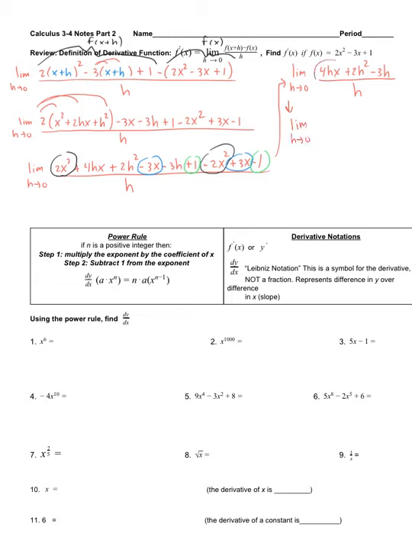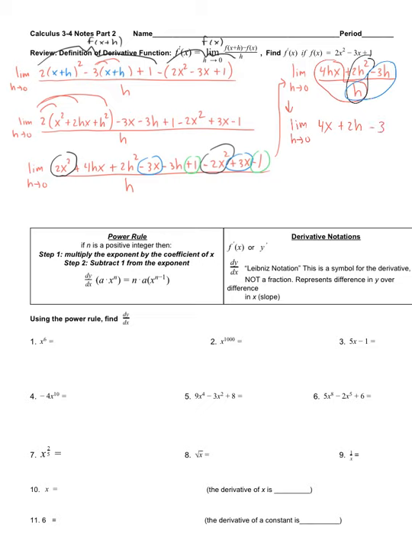If I divide 4hx by h, I am left with 4x. If I divide the second term, 2h squared, by h, I'm left with 2h to the first. And finally, if I divide negative 3h, that third term, by h, I am left with negative 3.